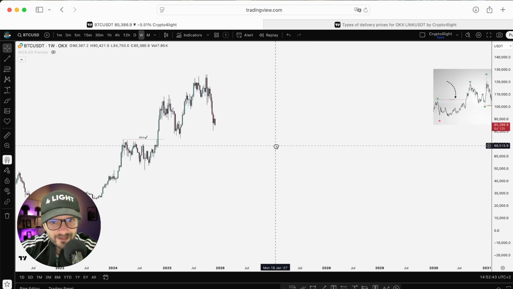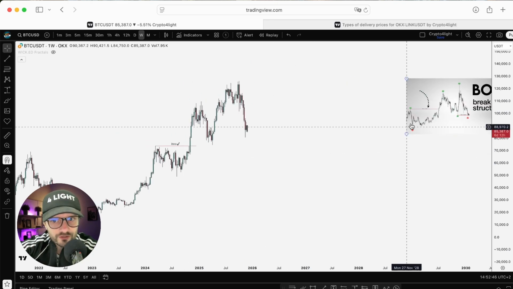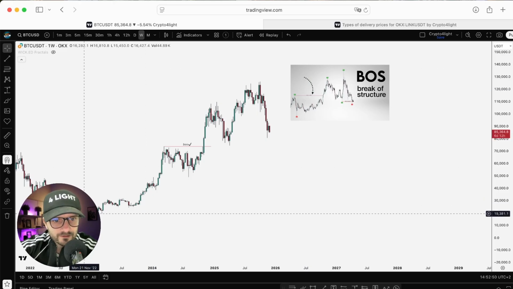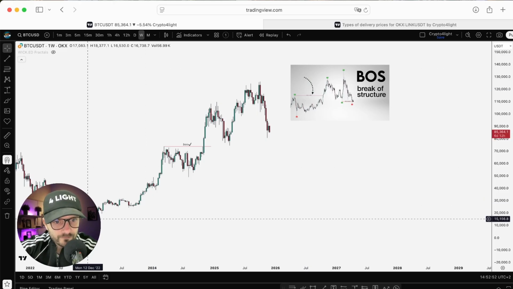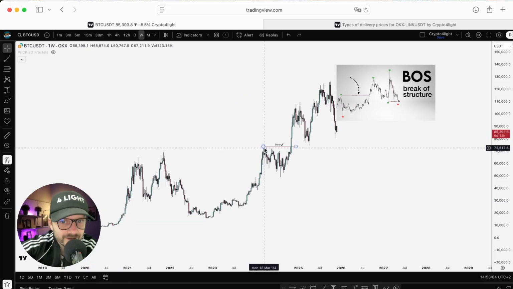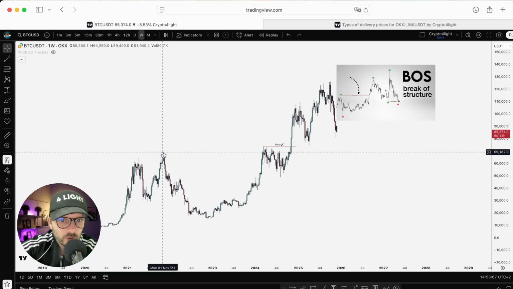And now, technically, the structure on the weekly time frame for BTC. It's here, impulse. So this is a lower low. This is a lower high, higher low, higher high. Because we break the global structure.